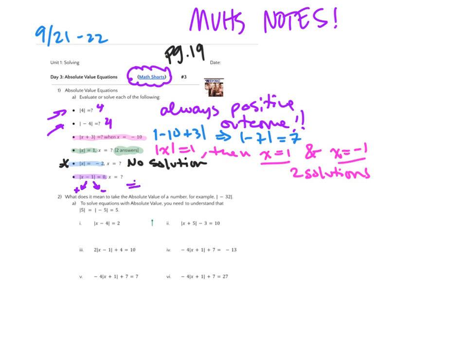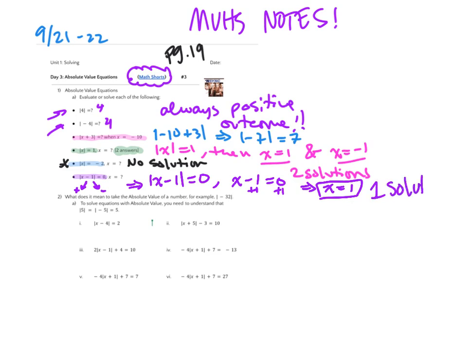So I have this: the absolute value of x minus 1 equals 0. So x minus 1 must equal 0. If I add 1 to both sides, x equals 1. So this one is only one solution, which is also important. So I'm going to put a star here.